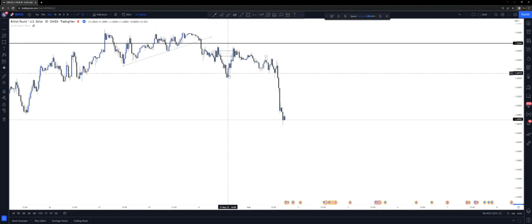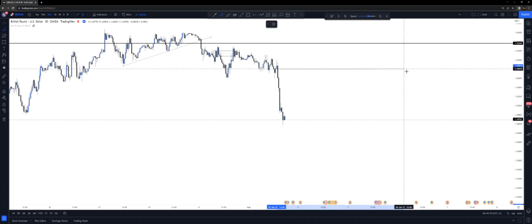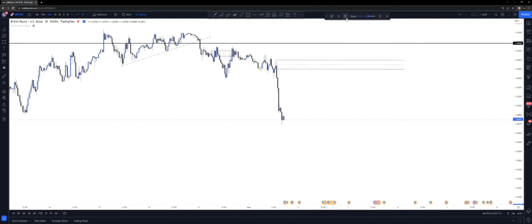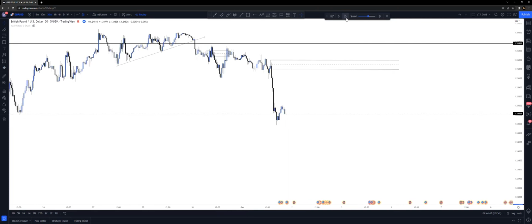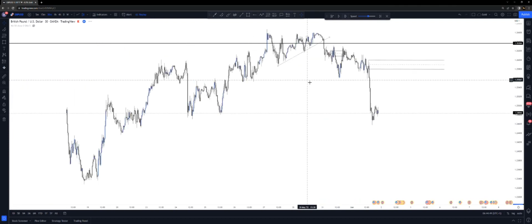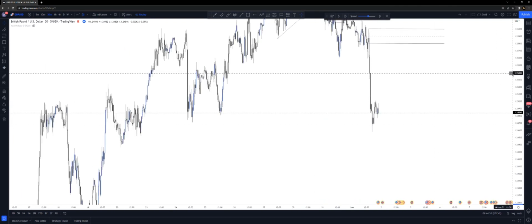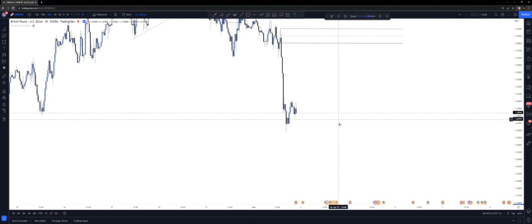Because I can spot what is a change of character. So there was an indecision, an imbalance right here. So marking down this candlestick right here. That's one thing to pay close attention to. So let's get things more clearly right here.